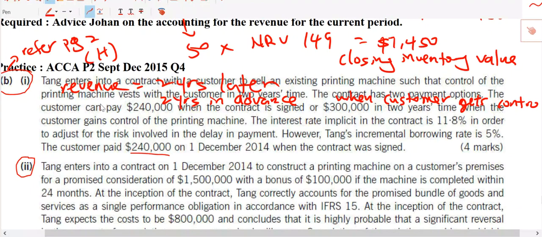But we have a big question here. When I want to calculate the interest expense, surprisingly, the question is giving me two interest rates, 11.8 and 5. Now this is a bit rare because I've seen a lot of questions that only give us one interest rate and then we just do the calculation accordingly.